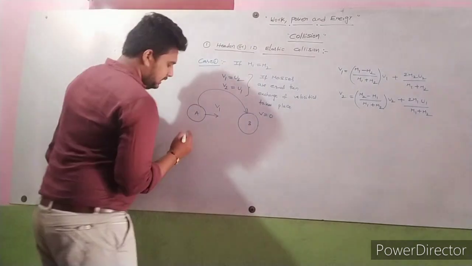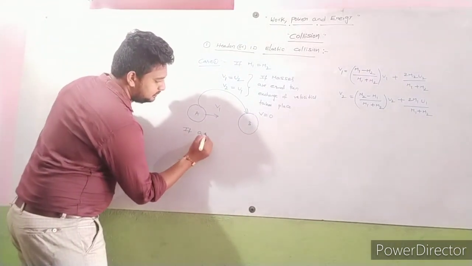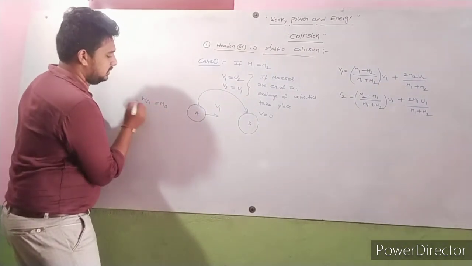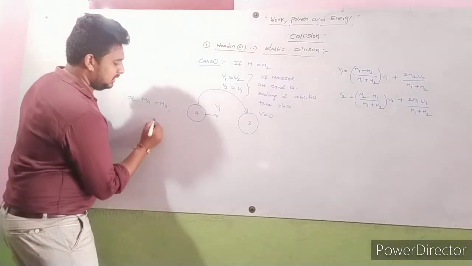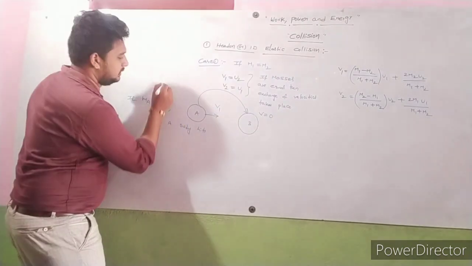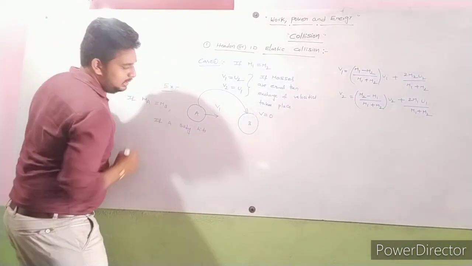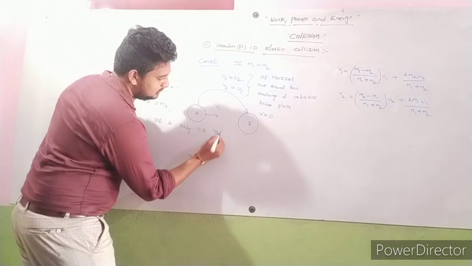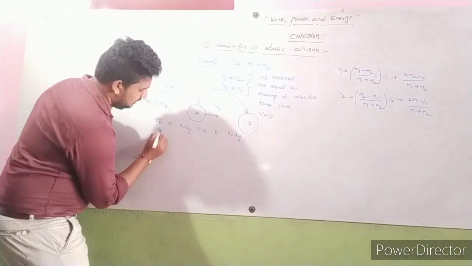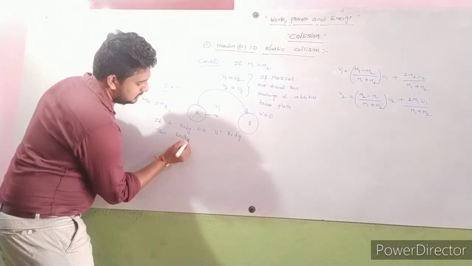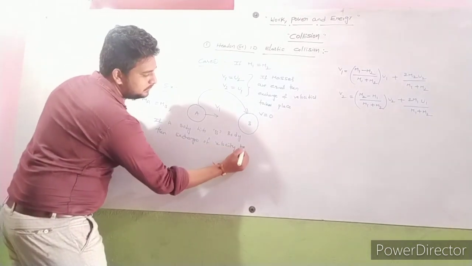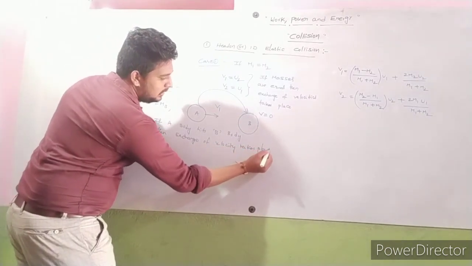Both bodies have the same mass, MA is equal to MB. If MA is equal to MB and body A hits body B, then exchange of velocity takes place.